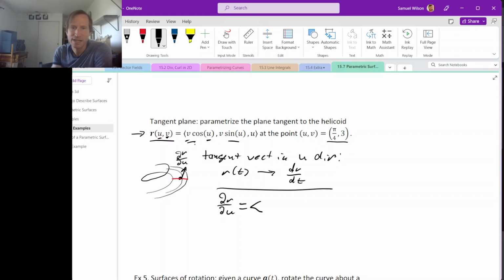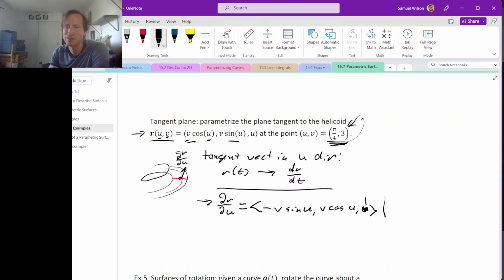Okay, so if we calculate that, we get, let's see, minus v sine u, v cosine u, and 1. Sorry, 1, not u. Okay, now we should evaluate this at our point, right? Because this vector will point along the u curve for any point on the helicoid, but we're interested in this point.